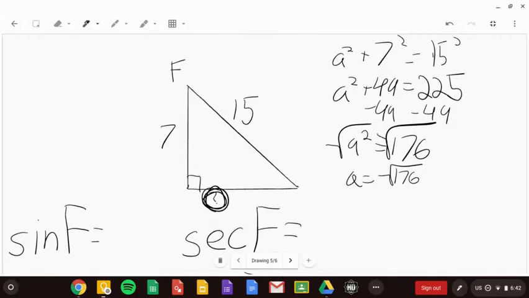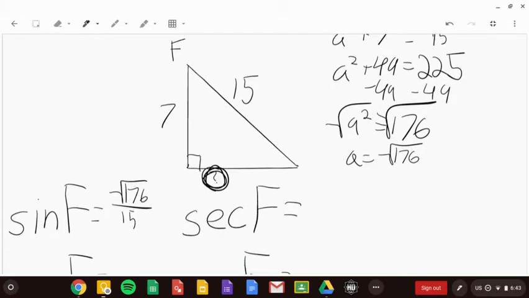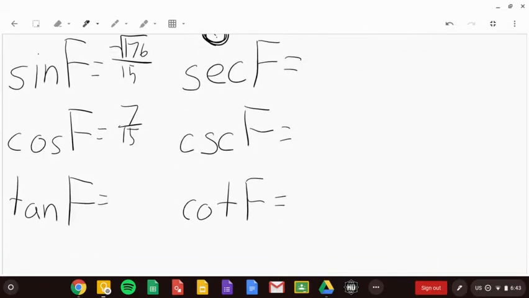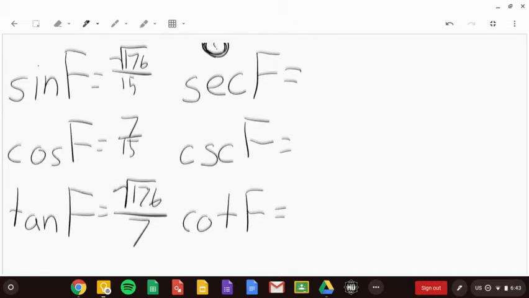So sine of f is opposite over hypotenuse, so square root 176 over 15. Cosine would be 7 over 15. And tangent would be square root 176 over 7.